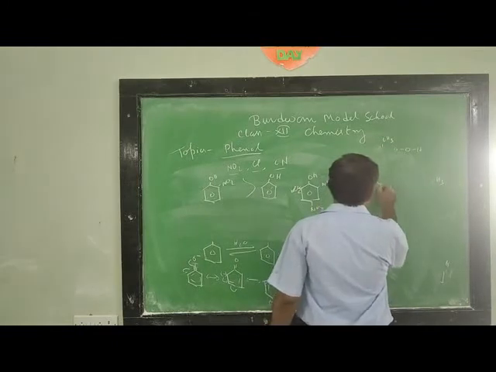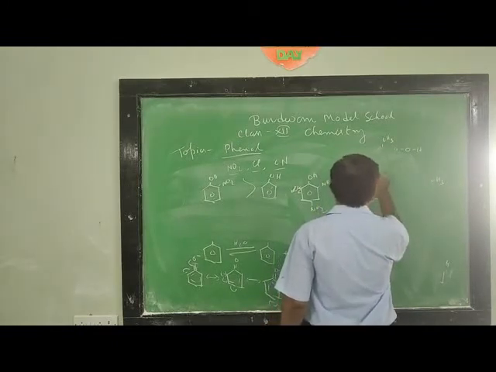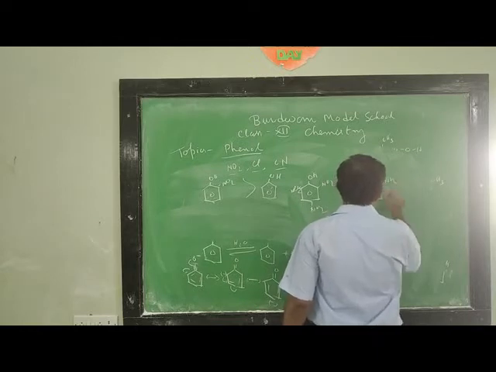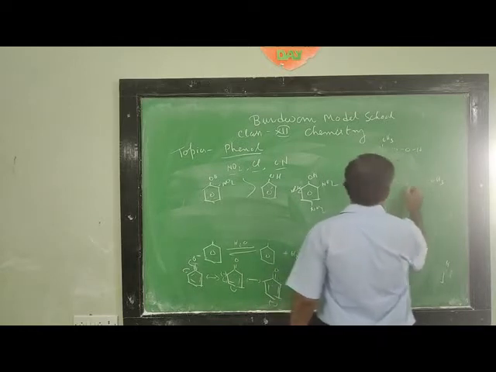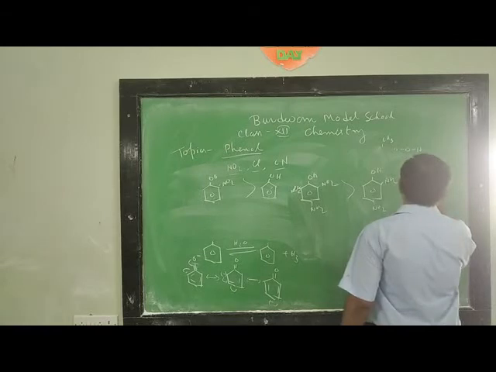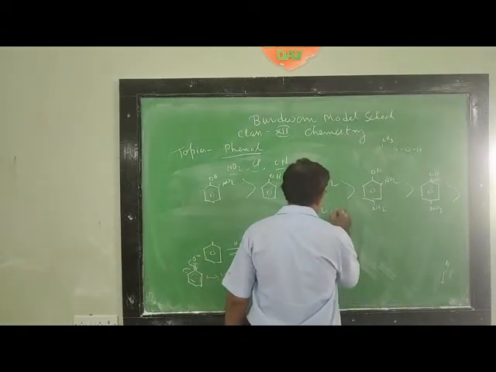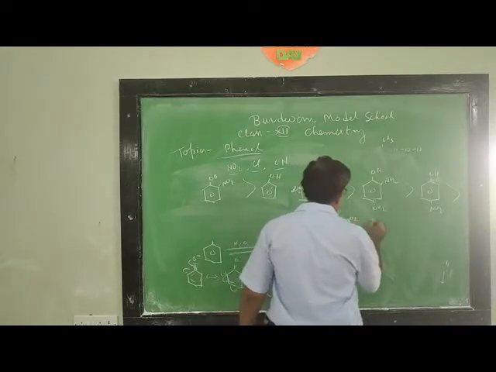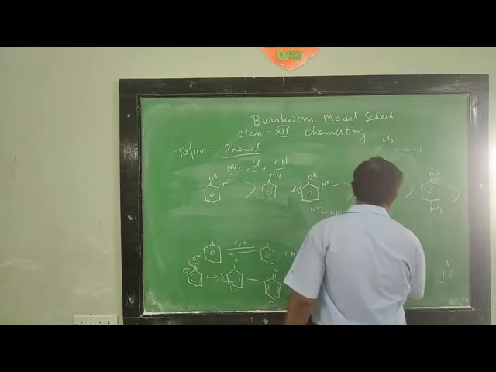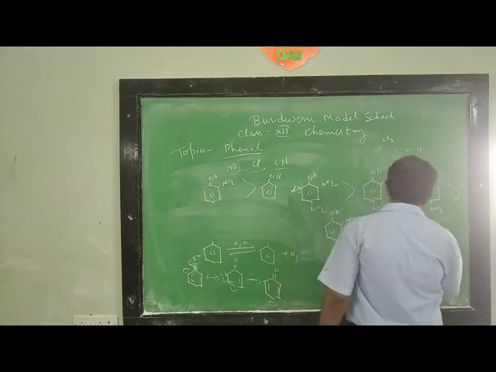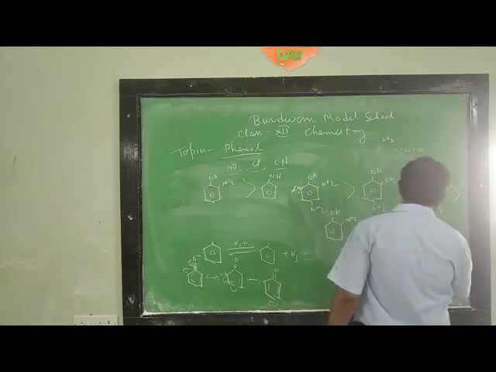Then 2,4-dinitrophenol, which is more acidic than para-nitrophenol, which is more acidic than ortho-nitrophenol, which is more acidic than meta-nitrophenol, which is more acidic than phenol.